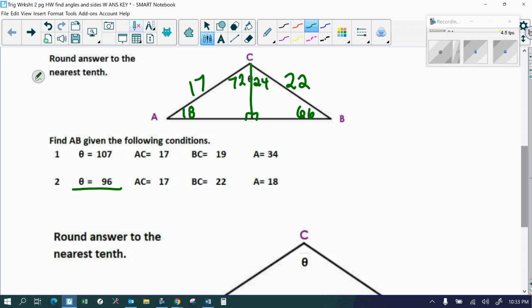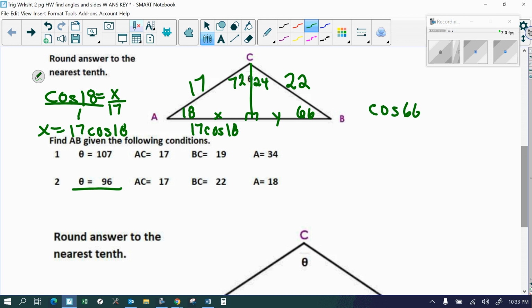Again, I'm looking for this piece. We'll call it X and Y this time, doesn't matter. So that's going to be the adjacent over the hypotenuse, which is cosine. So the cosine of 18 equals X over 17. Cross multiply, X equals 17 cosine 18. Y, we have adjacent over hypotenuse again, so cosine of 66 equals Y over 22.